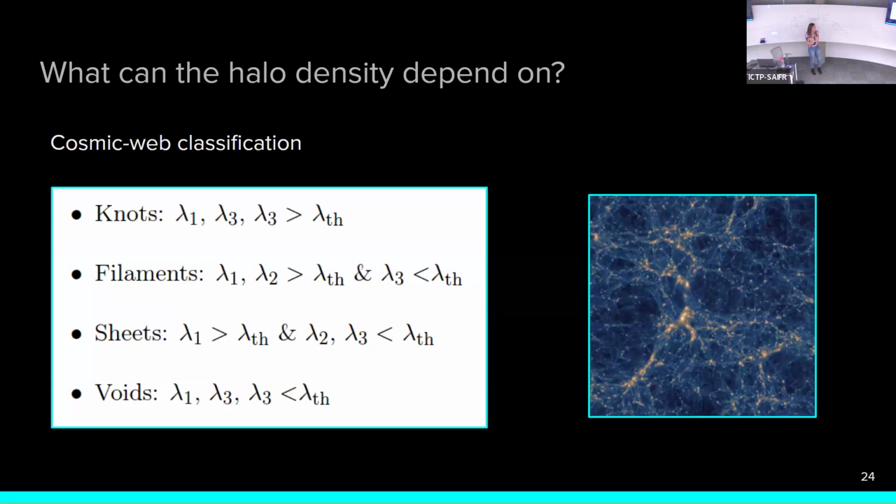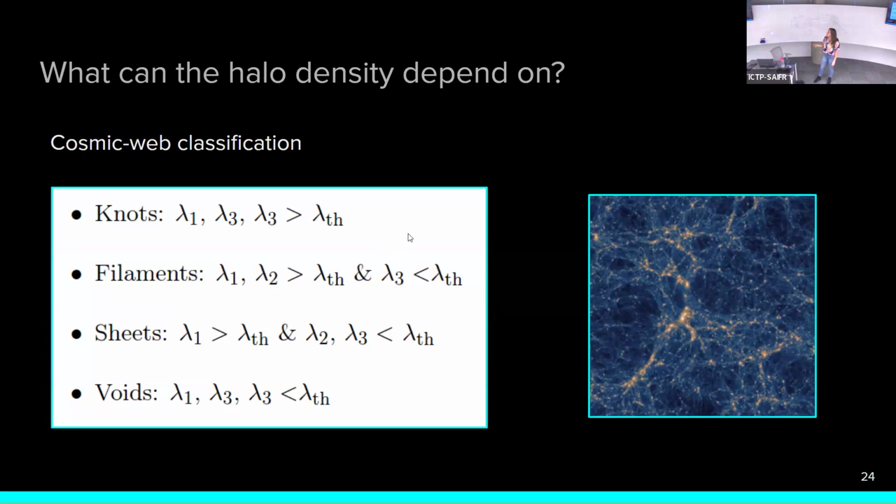And yes, one more thing. I'll show the results doing this, but in addition to that, something that we tried was to combine this with the information of the cosmic web, because as I said, you could compute those quantities from the bias expansion with the eigenvalues of the tidal field tensor.